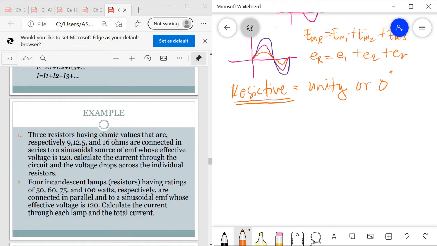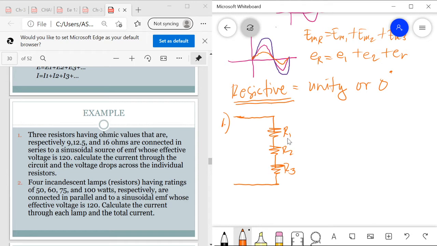So, in our problem, 3 resistors, they are connected to an AC supply or AC source. Resistor, ito yung symbol niya. This is, let's say, R1, R2, and R3.